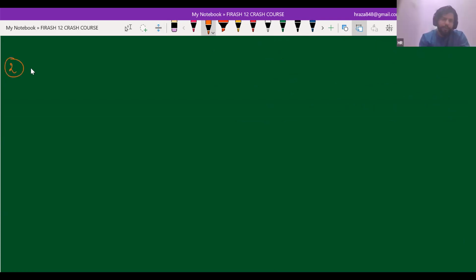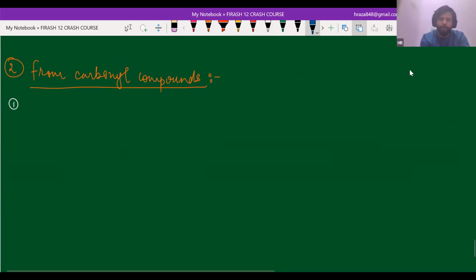Now we are going to prepare alcohols from the next method, that is from carbonyl compounds. So the first is by reduction of aldehydes and ketones.